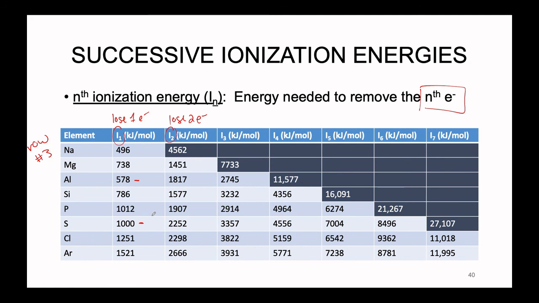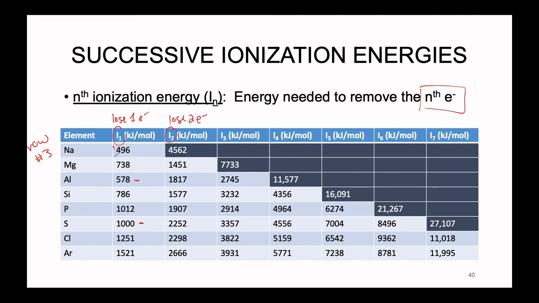With successive ionization energies, though, we can also make a pretty good prediction about how many electrons are going to be stably lost before suddenly we start cracking into our noble gas core. So for instance, sodium, we know that it's going to be very easy to lose 1 electron because it only has 1 valence electron.